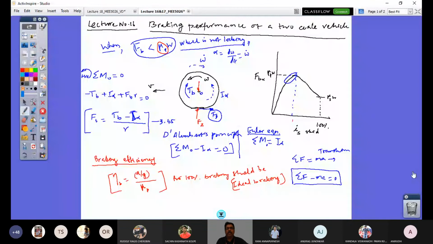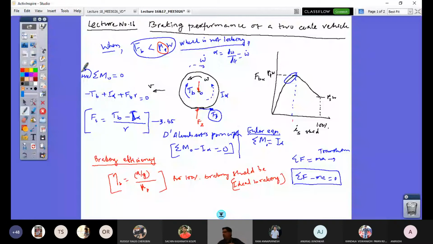Good morning. Today we are going to continue with the lecture we began in the last class, the topic called braking performance of two-axle vehicles. We have essentially looked at two free body diagrams: one at the tire level, and another at the vehicle level.